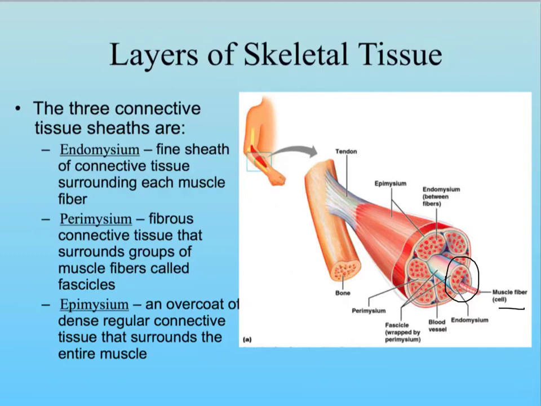So the endomysium is around each individual cell, and then around that is going to be the perimysium, and then around the very outside here is the epimysium. So it's kind of in bundles and layers. So you take one cell, you bundle a whole bunch together, then you bundle a whole bunch of bundles together, and it creates very strong muscles.